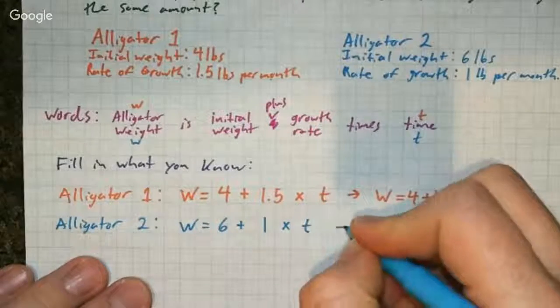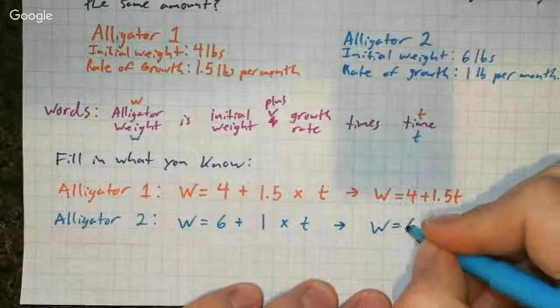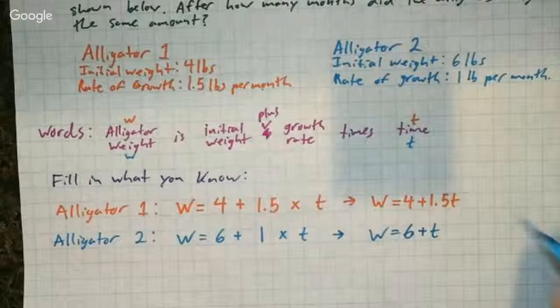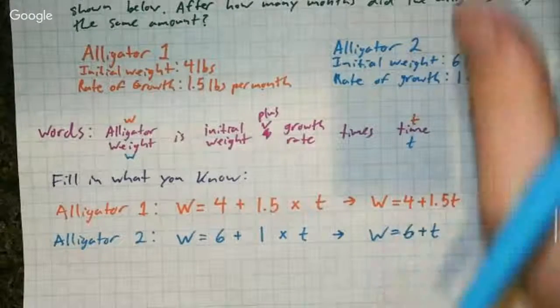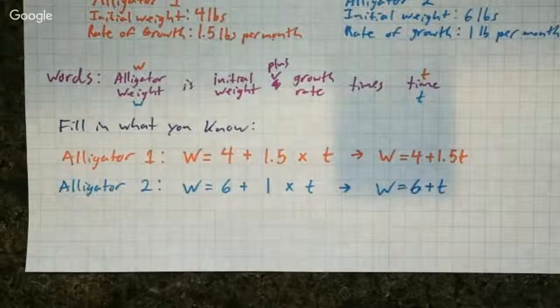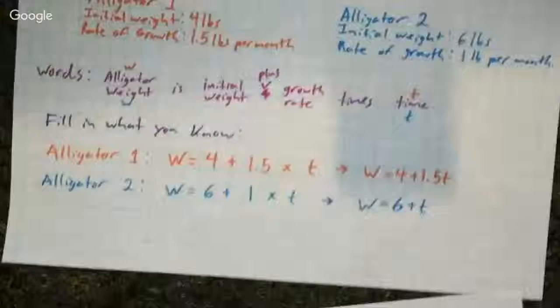We do not know that. So our equation is W equals 6 plus t, because we don't need to write that 1. Okay, I'm running out of space here, so I'm going to move to a different piece of paper and continue with what we're talking about right here.